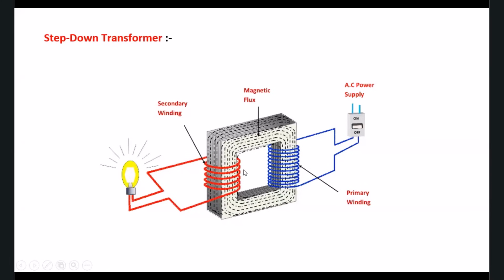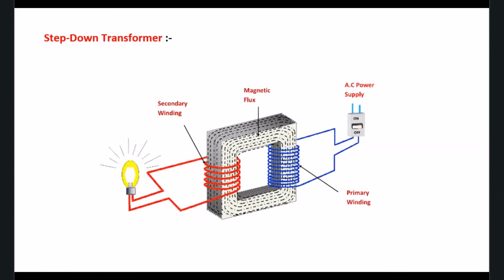But because the windings are fewer in number, the whole amount of the EMF induced cannot be used, and that's why the voltage at the primary side will be more as compared to the voltage at the secondary side.